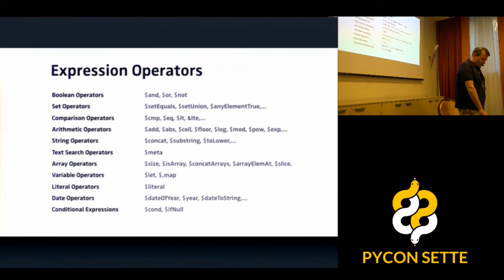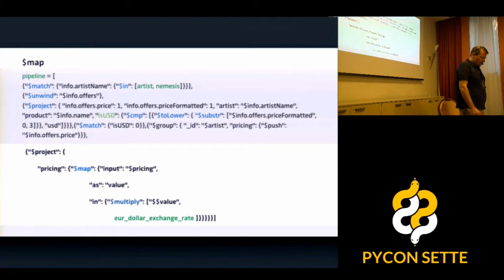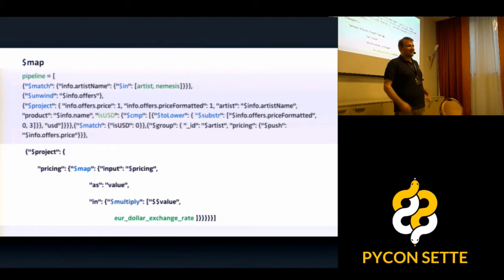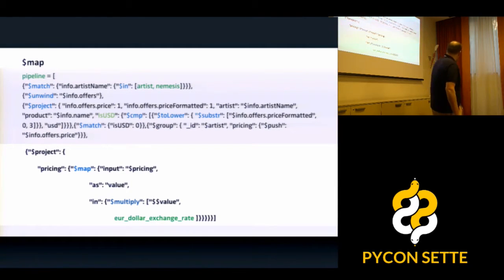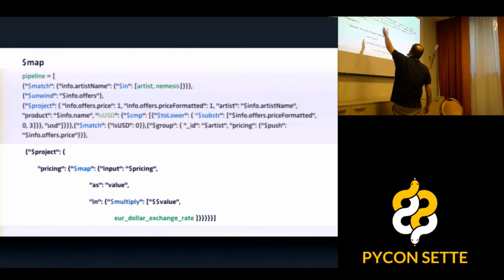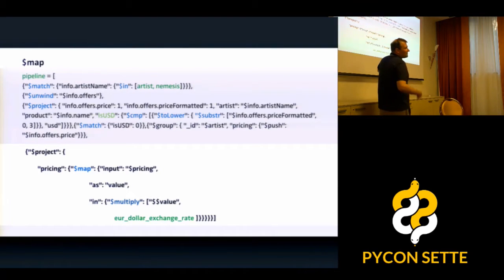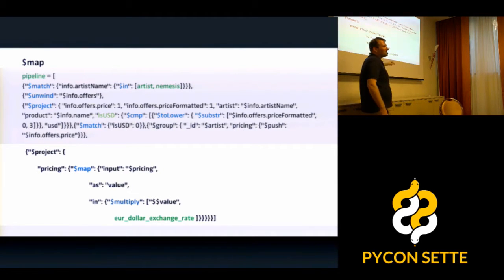Let's do something a little bit more crazy. Let's do a mapping. The cool thing is it's just like the map function in Python. We already have the data from before in US dollars, and now I'm interested in what that is in euros.